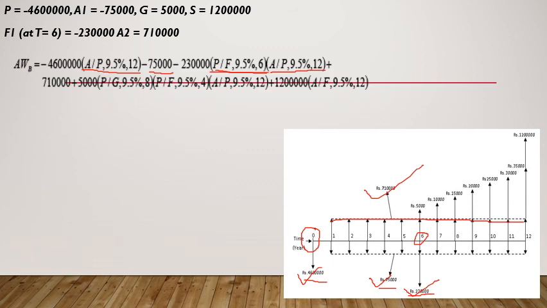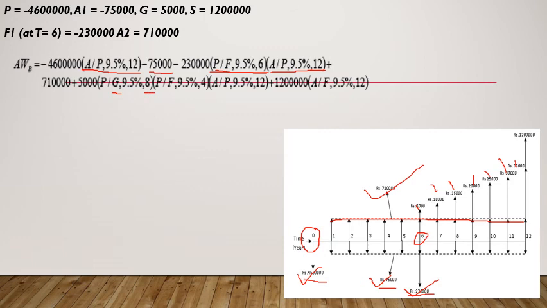First, I convert this G into its P. How? Count the number of G: 1, 2, 3, 4, 5, 6, 7. There are 7 G's. So when I convert this G into P, 7 plus 1, N has to be considered as 8.